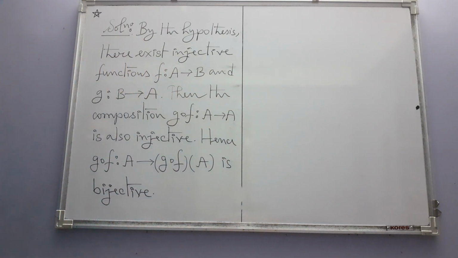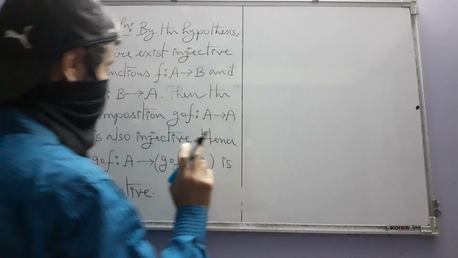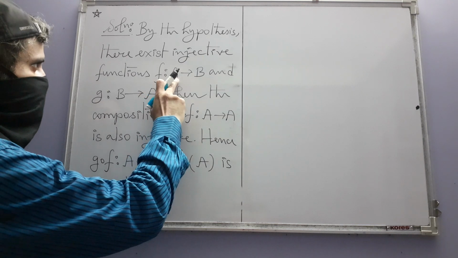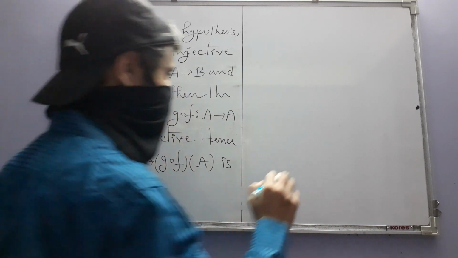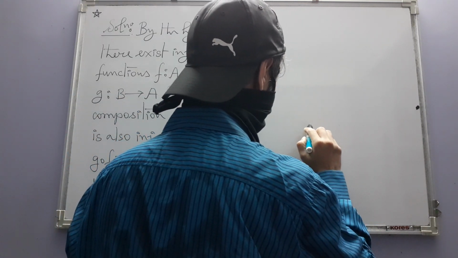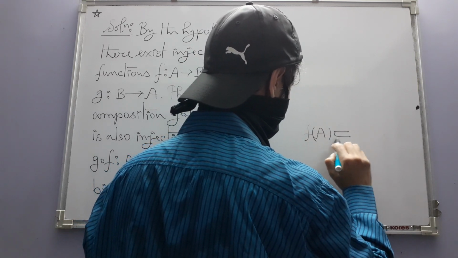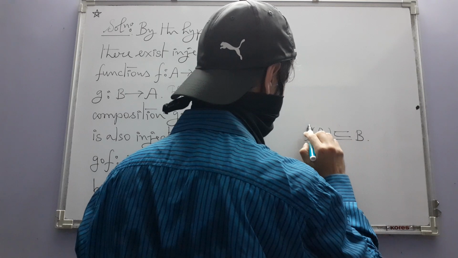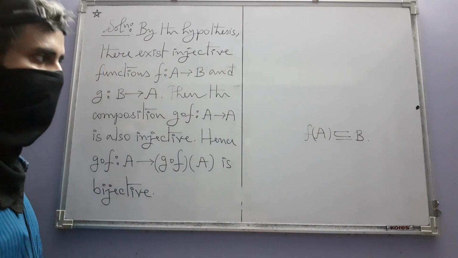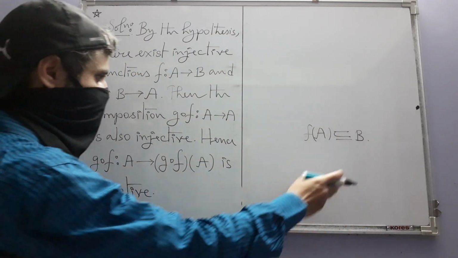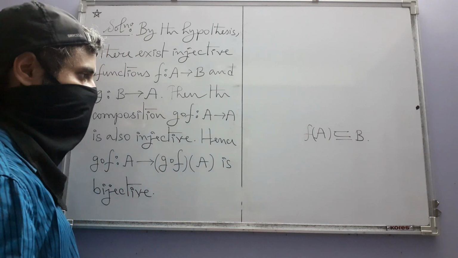Now, note that since f maps A into B, so f(A) is a subset of B, obviously. f(A) is the image set of the function and B is the range. That means what?